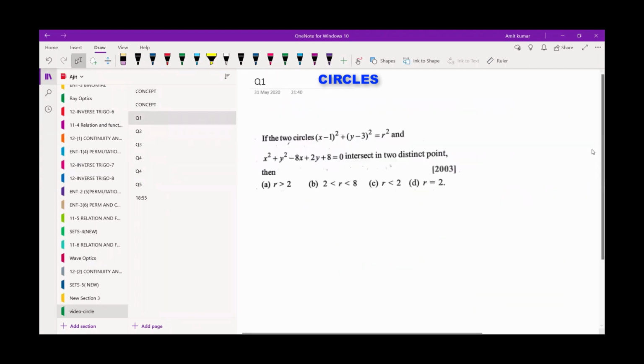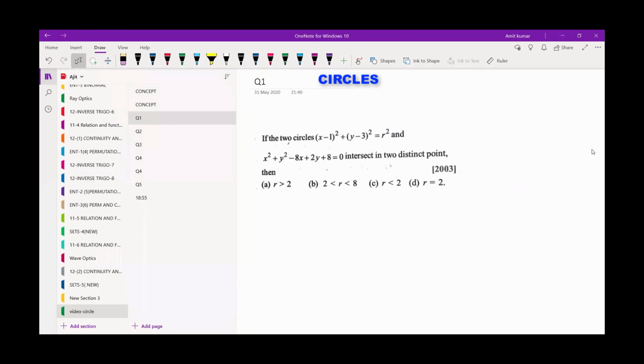Now look, in this question, if two circles, one is (x minus 1) whole square plus (y minus 3) whole square is equal to r square, and x square plus y square minus 8x plus 2y plus 8 is equal to 0, intersect in two distinct points, then from common sense we can check that the B option is the correct option.